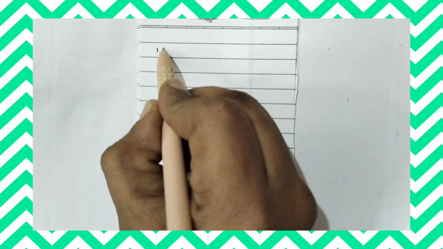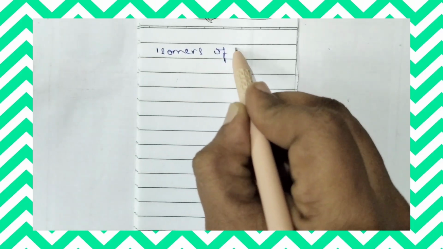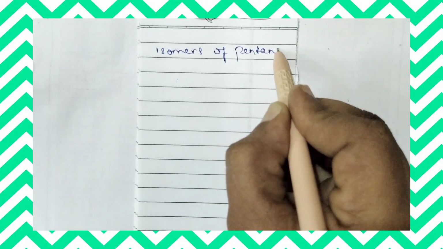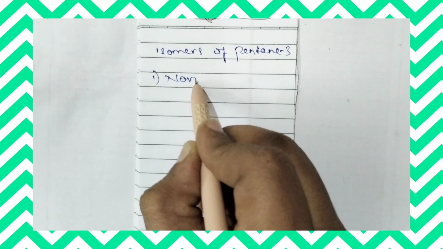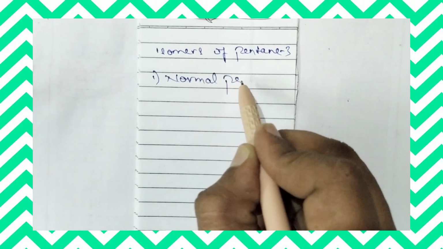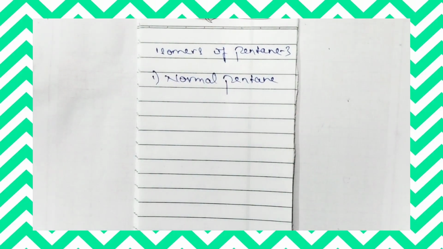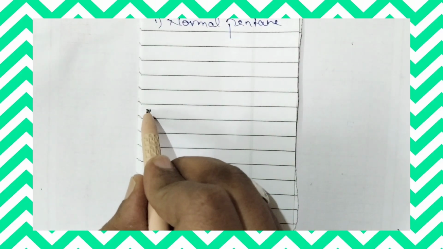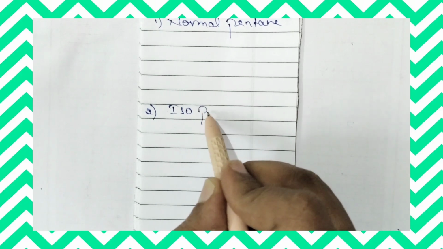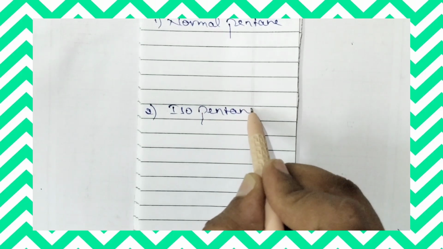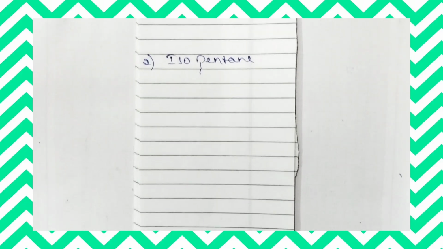There are 3 isomers of pentane. The first one is normal pentane, the second one is isopentane, the third one is neopentane.